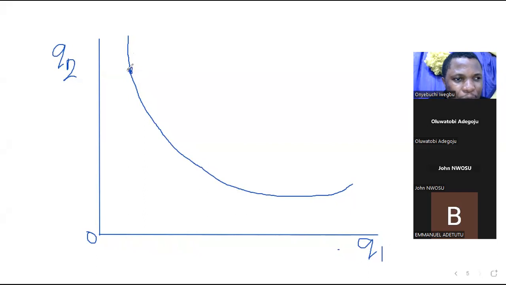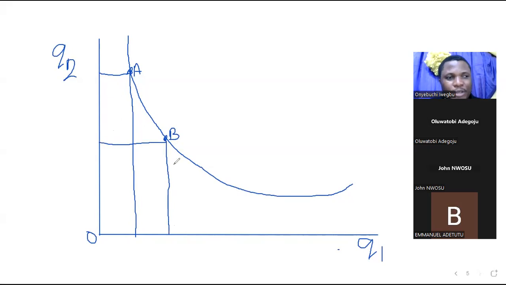Let's take, for example, this is point A, and this is point B, all right? Now, at point A, look at the quantity of Q2 that was consumed, and look at the quantity of Q1 that was consumed. At point B, look at the quantity of Q2 that was consumed, and look at the quantity of Q1 that was consumed.